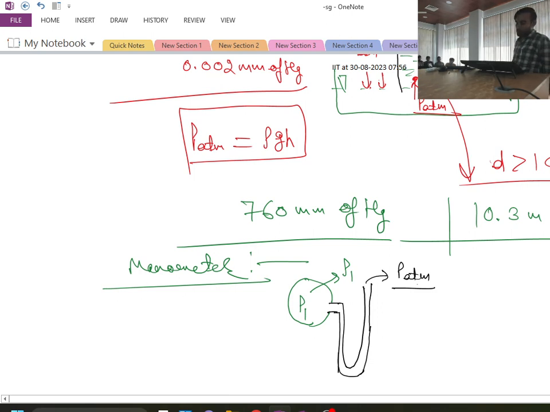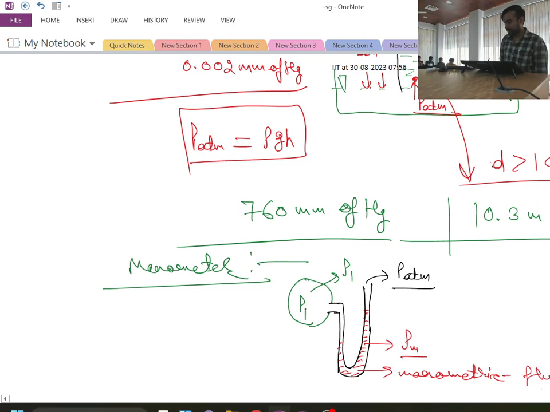Now in this manometer we have to use some fluid. So let us consider I have used a fluid over here and this particular fluid is having density rho m. The fluid which we use inside a manometer is called a manometric fluid, and density of manometric fluid is rho m.